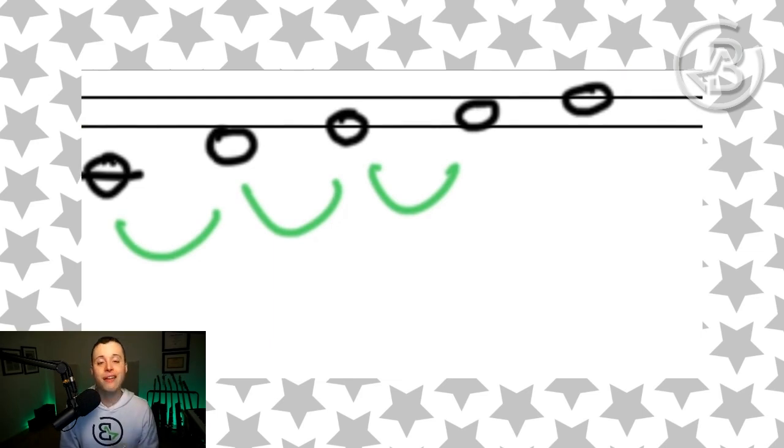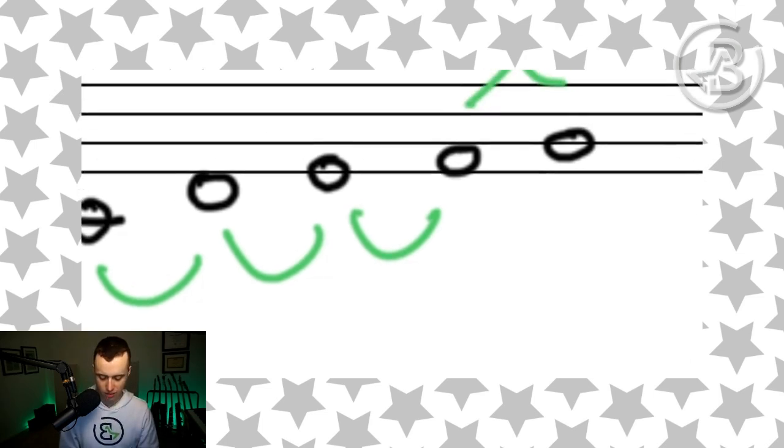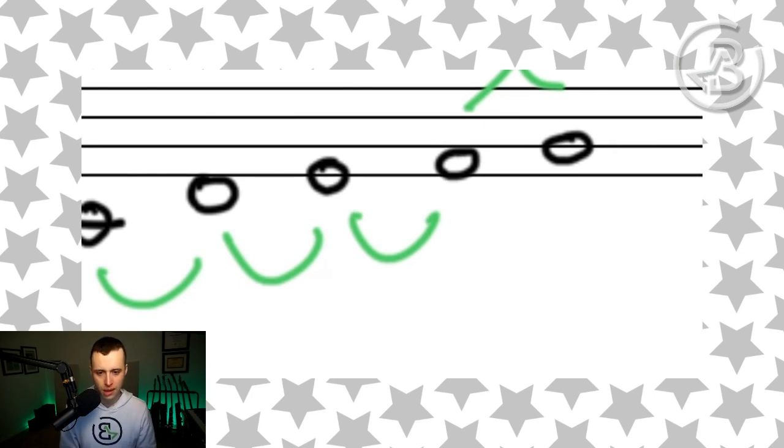Now from E to F, there's no sharps or flats between E to F, so that's a half step. So we have a problem here. And the problem is we need a whole step, and right now what we have written is a half step.